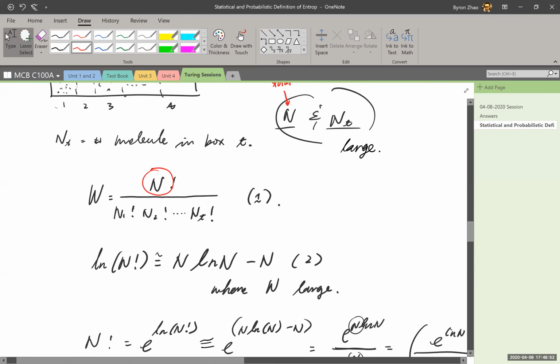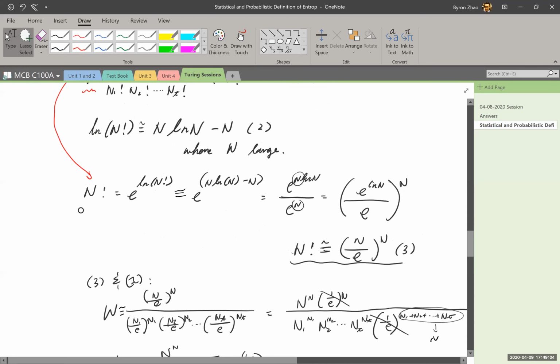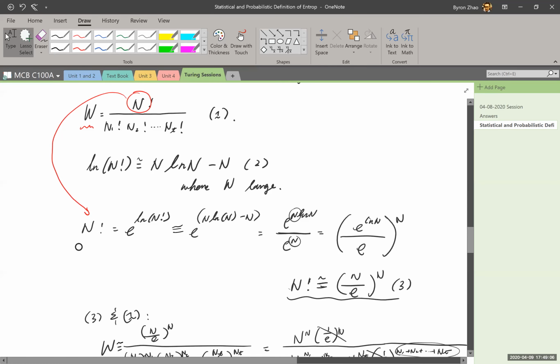If we just take a part of this multiplicity formula in factorial, and we apply Stirling's approximation, what we can do here is n factorial can be written as e to the ln of n factorial, because these two cancel.